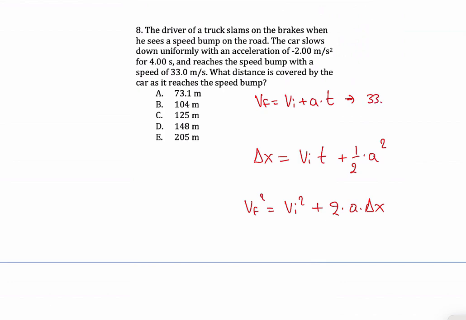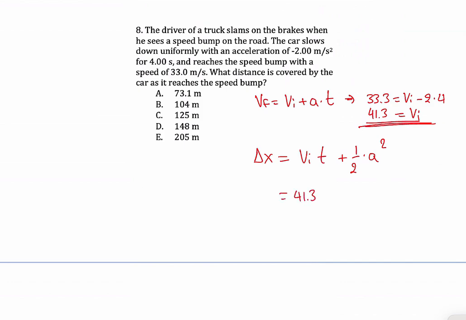So 33.3 is equal v initial minus 2 times 4. So if we take the 2 times 4, which is 8, we're going to find that the v initial is 41.3 meters per second. And now that we know this v initial, we can find the distance, which is 41.3 times the time plus 1 over 2 times a times t squared.